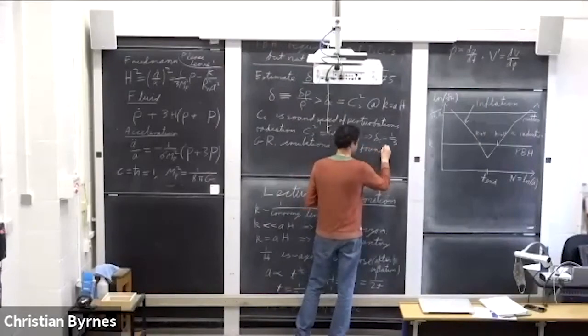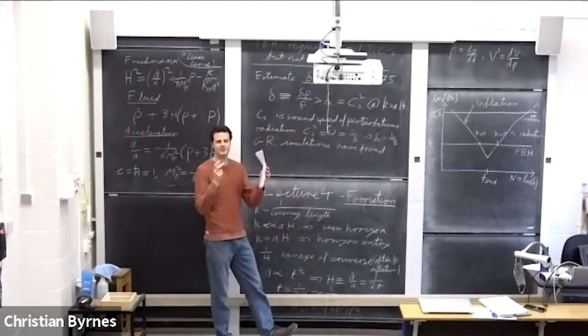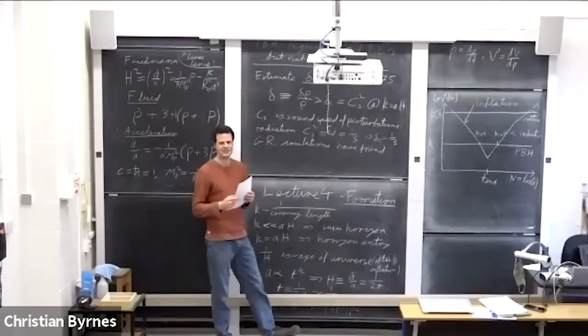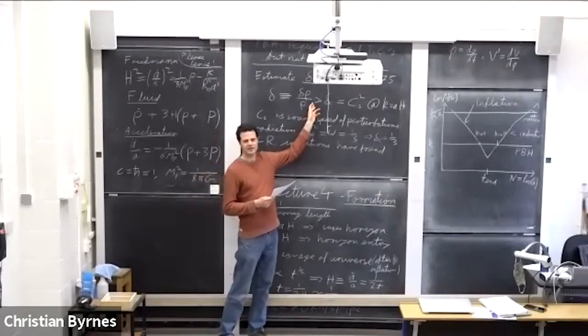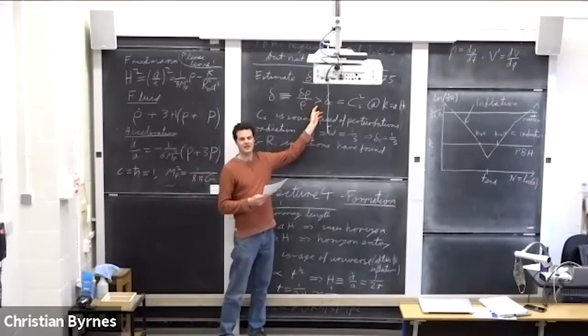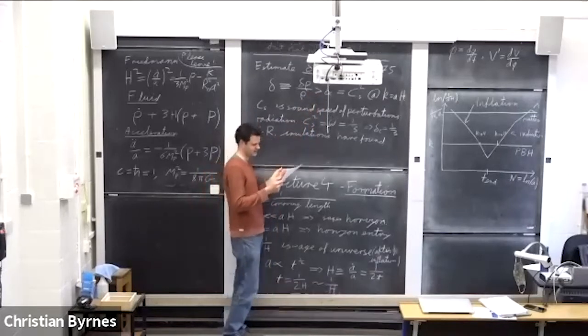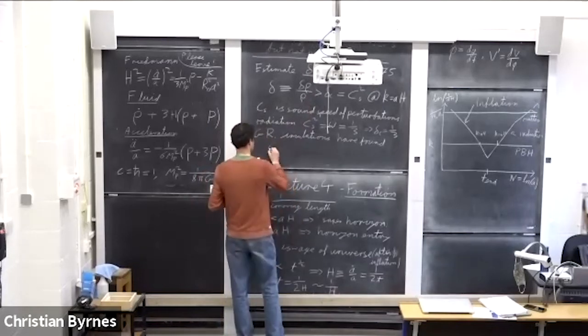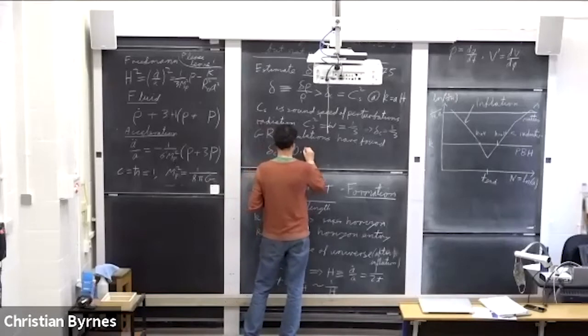If you think about it, we're studying both a cosmological horizon and a Schwarzschild horizon, so you might think that the Newtonian gravity approximation would be very wrong, but it's actually not bad at all. They found delta critical is about 0.45.